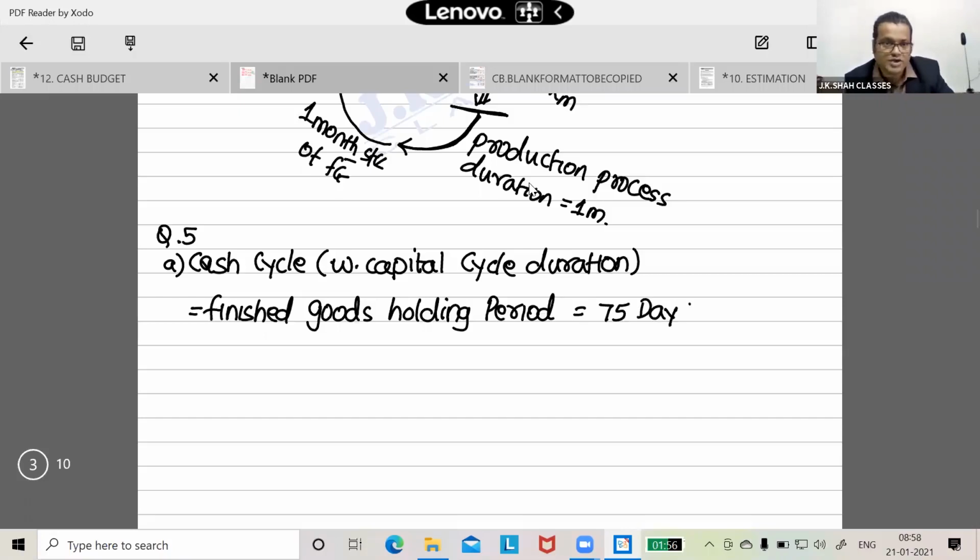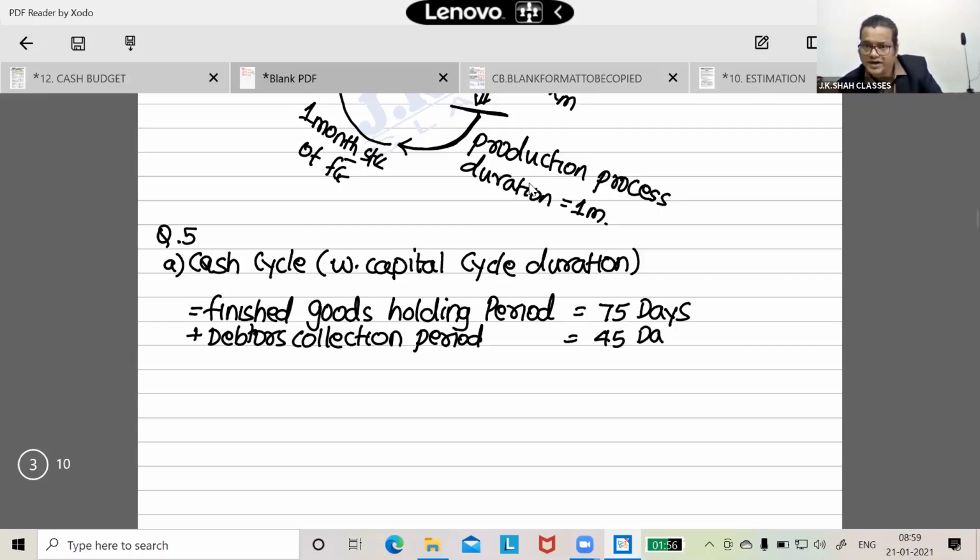Plus what? Debtors collection period. How much time are we allowing to our debtors? It is written in the question that debtors are collected after 45 days. So my gross duration is 120 days.